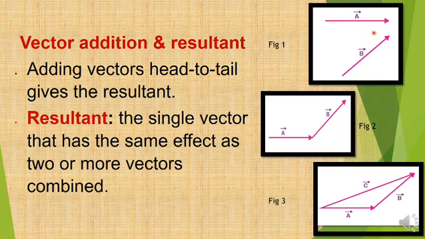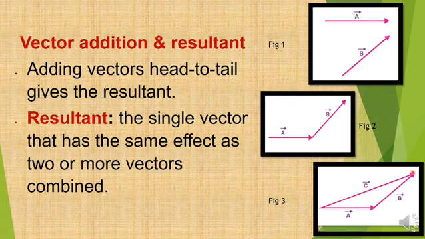Similarly, when we add vectors, we use a rule called the head to tail rule. For adding vectors, the head to tail rule will give the resultant vector. In figure 3, you can see that the head of the first vector is joining with the tail of the second one.